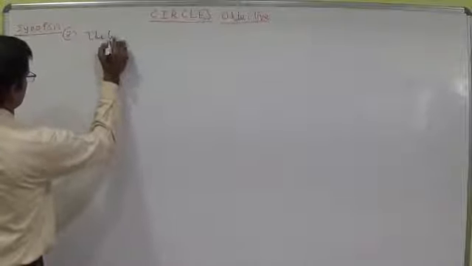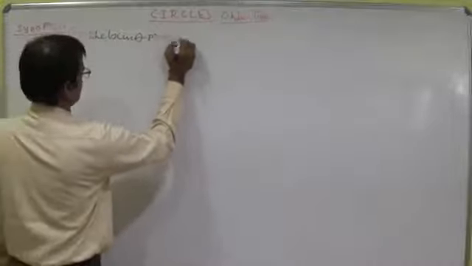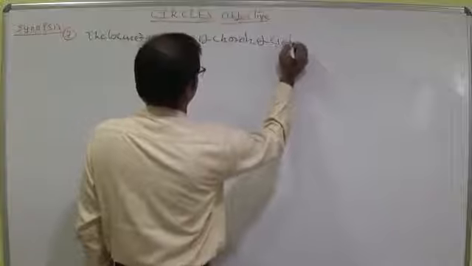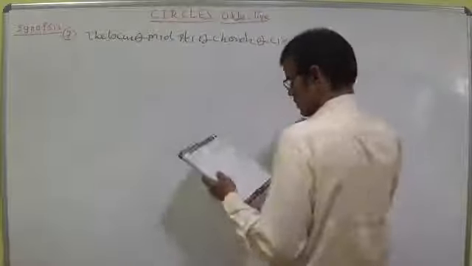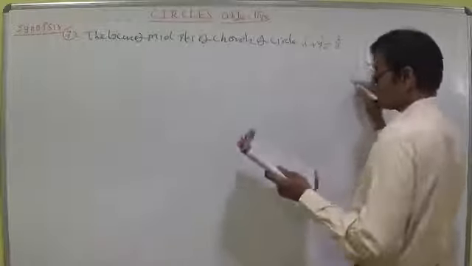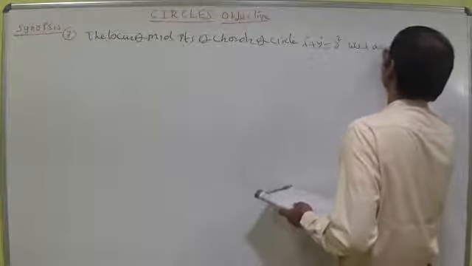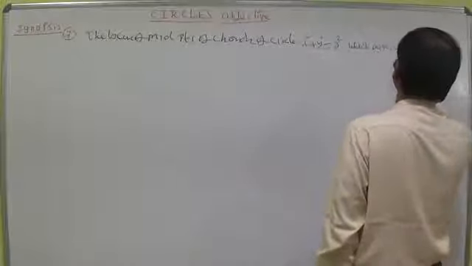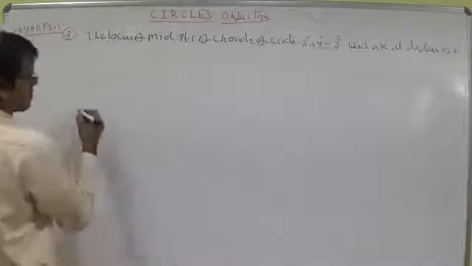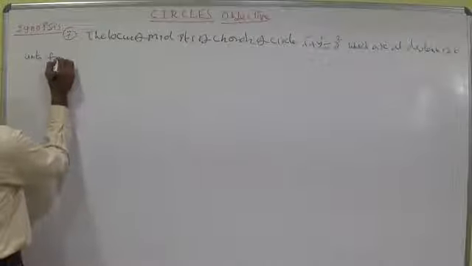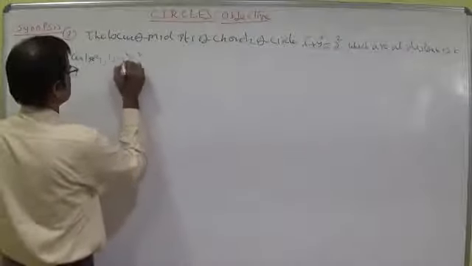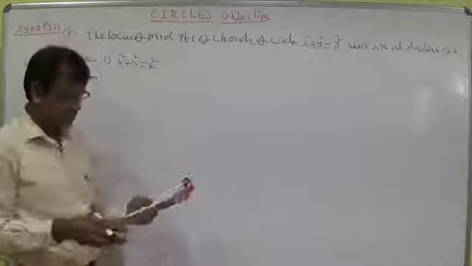The locus of midpoints of chords of the circle x square plus y square is equal to r square, which are at a distance of k units from the center, I am writing as x square plus y square equal to k square.